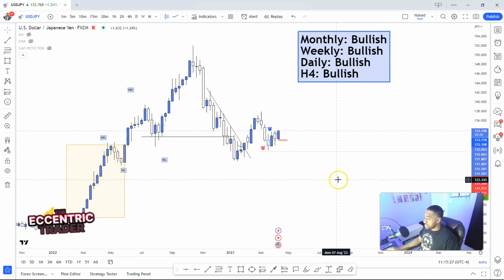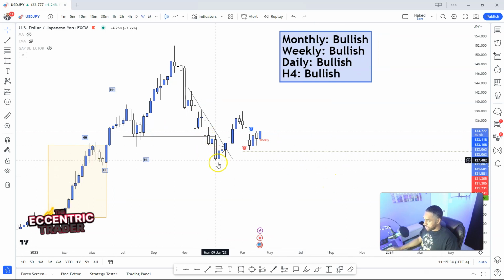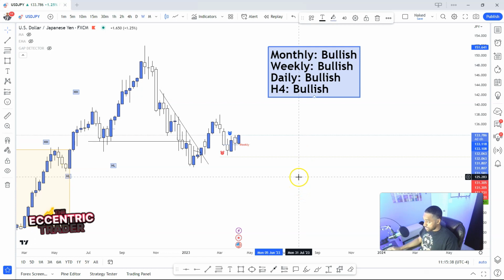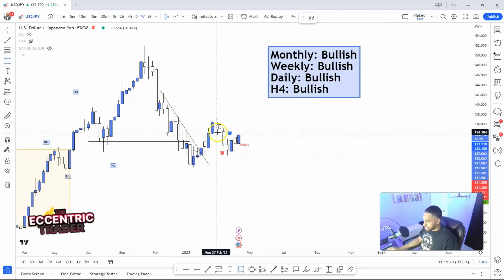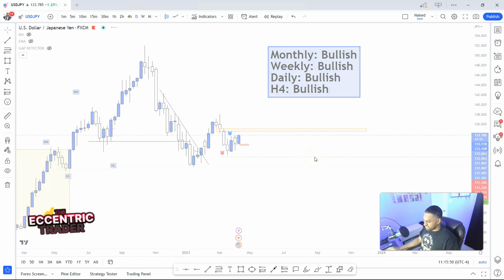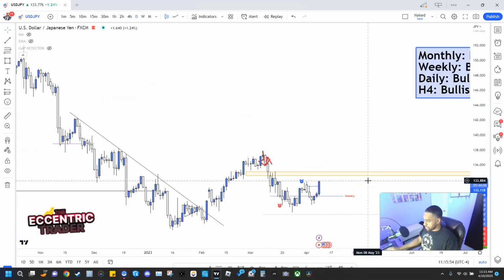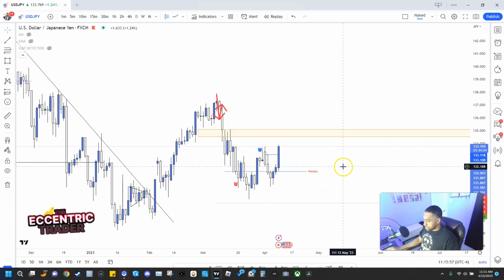If UJ was to just slam down, then you want to be open to the fact that this is why. All right, so let's go to the daily time frame real quick. Let's mark off this gap before we go. All right, let's go to daily.